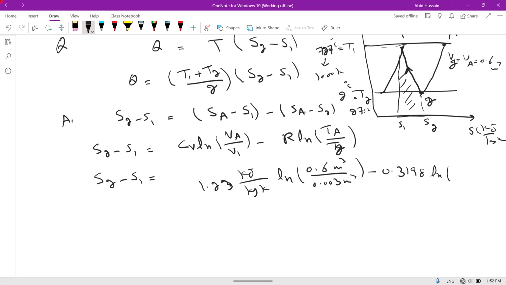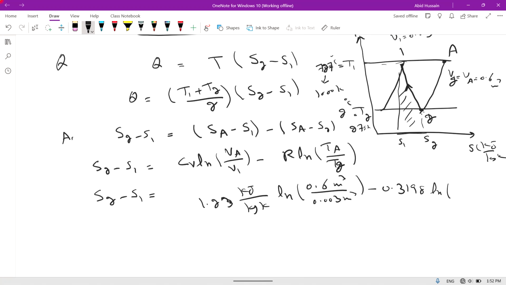So the value of TA and T1 are equal, which is equal to 1000 Kelvin, divided by T2, and T2 is 275 Kelvin.